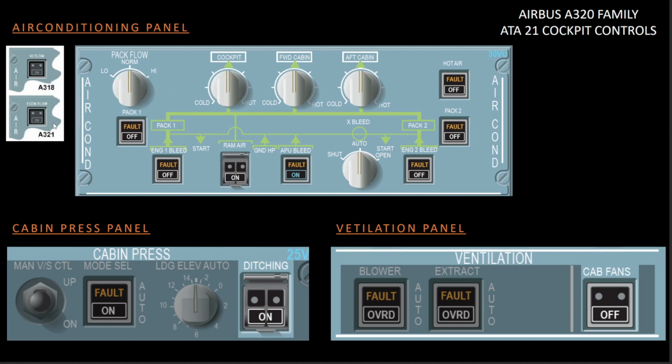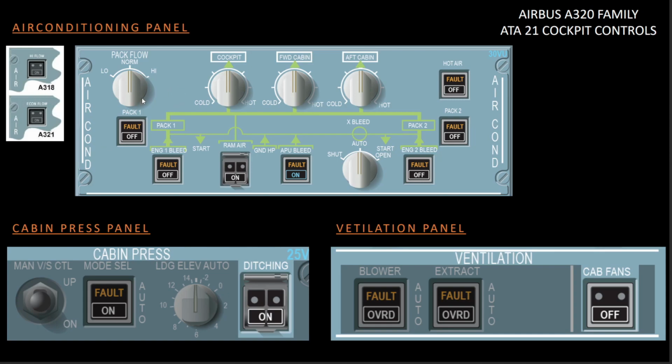And in an A321 aircraft, again you will not have this selector. Instead, you will have this econ flow push button. In this case, if you switch it on, the valve can modulate between low and normal position, which is 80% to 100%.